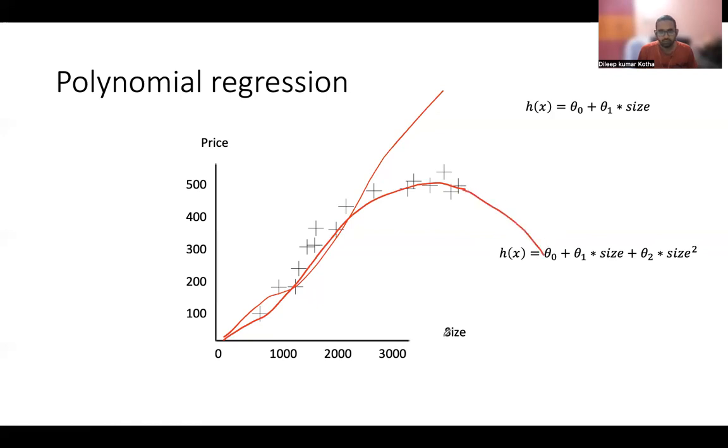We don't want that because as size of the house increases, we want the price of the house to go up. Then we can fit a cubic equation to a problem. And also, since we have only one variable size, we can determine that and put size cube to it. Now we can have a nice equation like this.